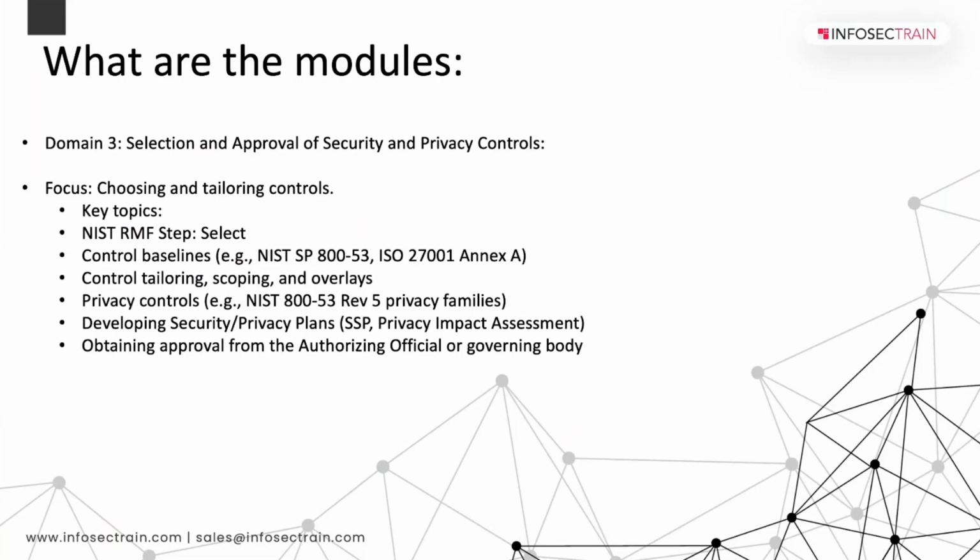The examination is going to test you on this, and you will get at least 10 to 15 questions based on roles and responsibilities like authorizing official, common control provider, CRO, CTO, all these kinds of questions. It will come as who is responsible for selecting and approving the controls. This kind of question will come in the examination. So: obtaining approval from the authorizing official or governing body.